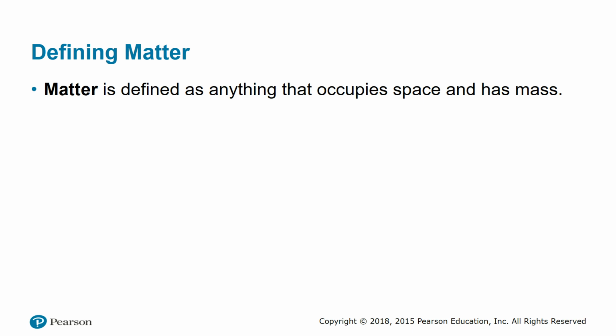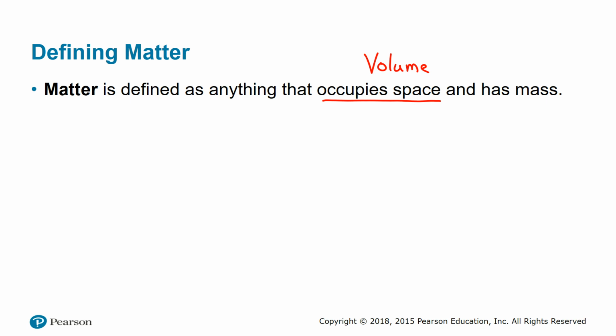All right, so recall from chapter 1, we defined matter as anything that occupies space and has mass. So volume, and then mass, it must have material in it that we can measure.